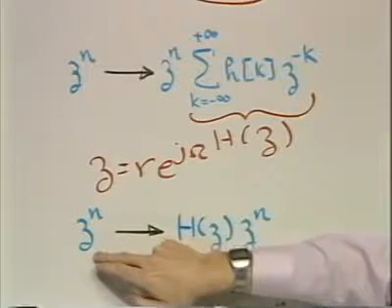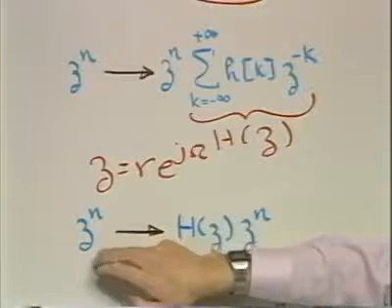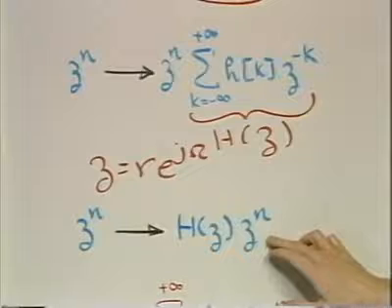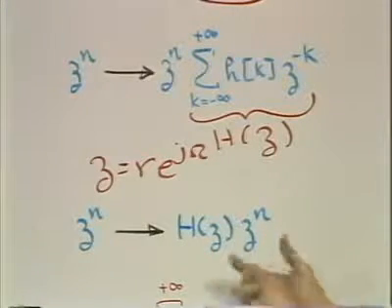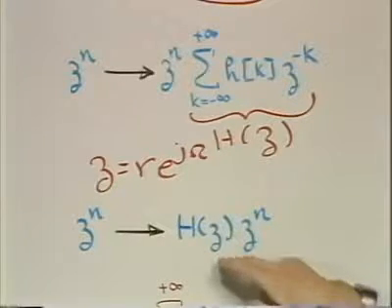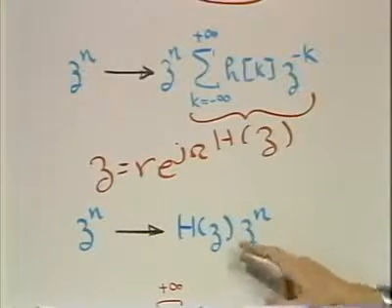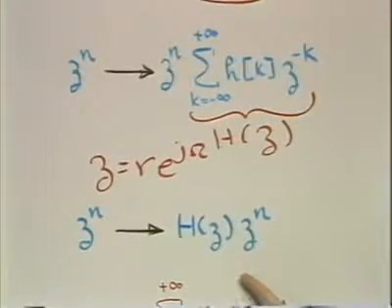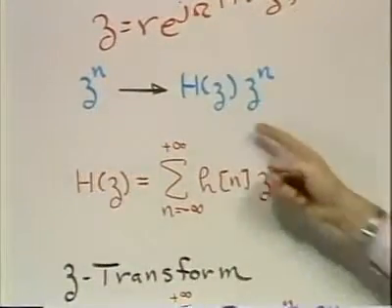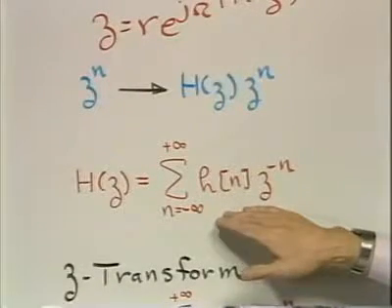So for a linear time invariant system, a more general complex exponential sequence of this form generates as an output a complex exponential sequence of the same form with a change in amplitude which we're representing as h of z, recognizing the fact that it's going to be a function of what that complex number is. And this amplitude factor is given by this summation. And it is this summation which is defined as the z transform of the sequence h of n.